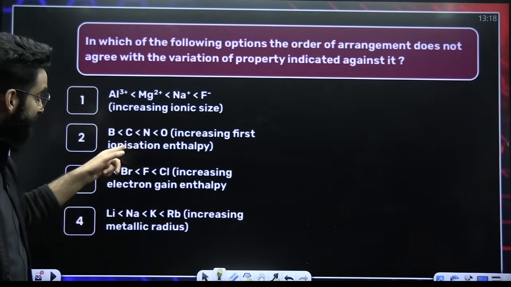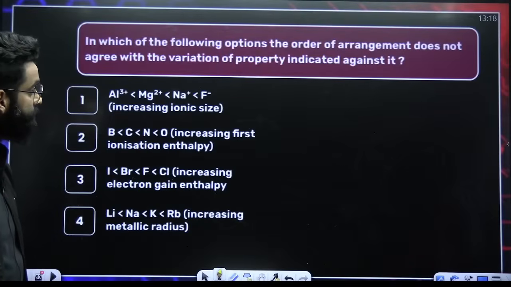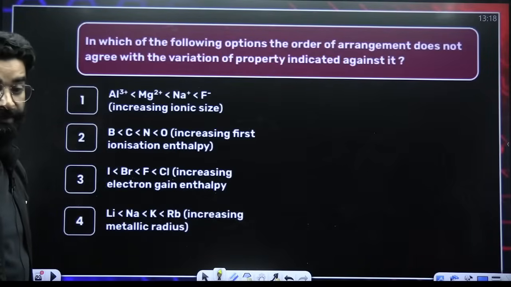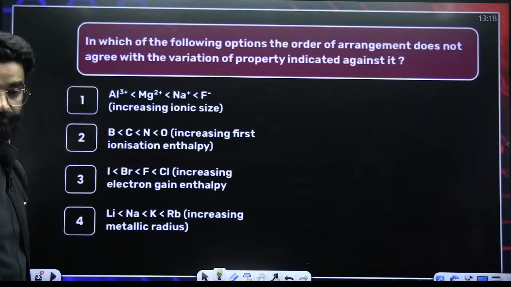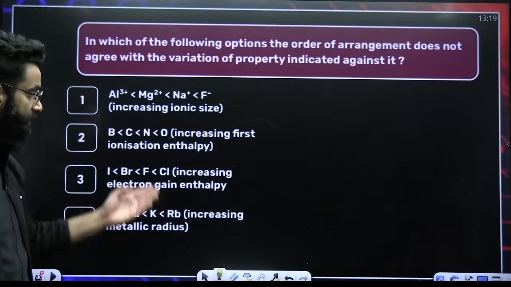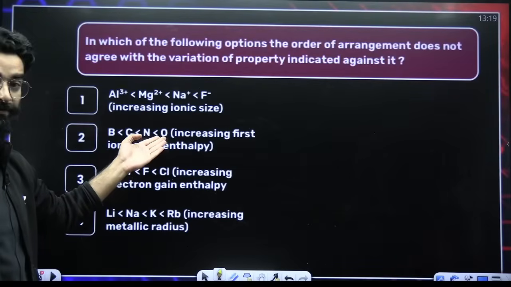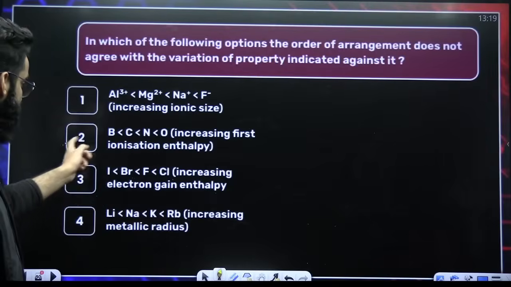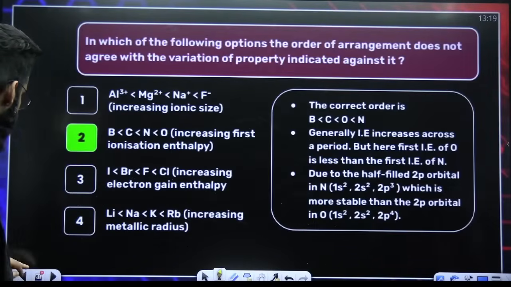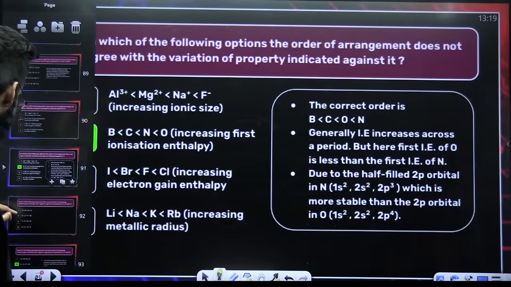Is this the ionization energy order? So what is the answer? You know, nitrogen has more first ionization energy than oxygen. So this is wrongly matched. Rest everything is correct.